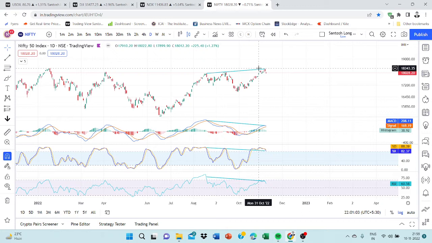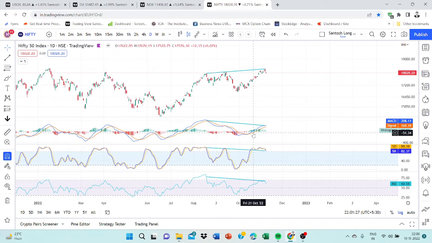I think this can happen. I'm not saying that this will happen. Anything can happen, or Nifty may simply open with a gap up and remain there. As I said, that can also be a possibility. So there are two possibilities. Let's see what happens. This is about tomorrow's view of Nifty.